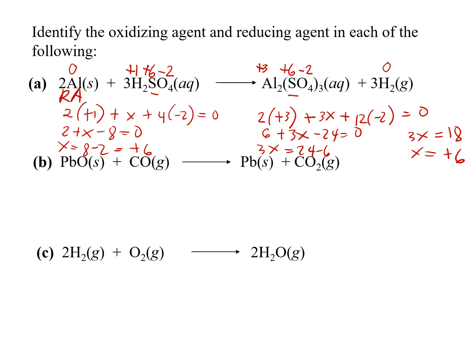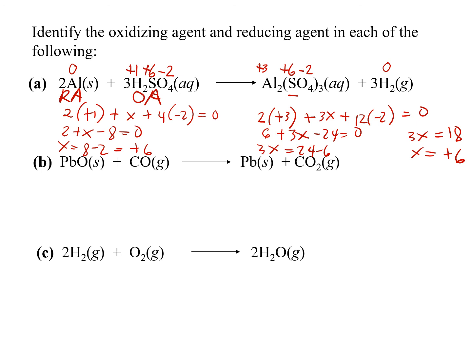So the whole thing, the sulfuric acid, is our oxidizing agent. Not just hydrogen. The oxidizing agent and the reducing agent are reactants, so the whole formula. So the reducing agent is aluminum, and the oxidizing agent is our sulfuric acid, which contains the hydrogen.